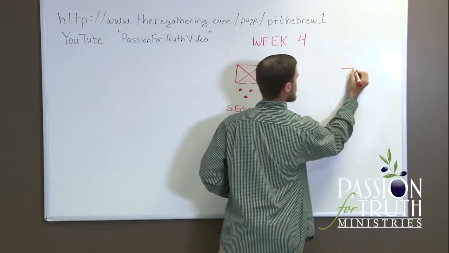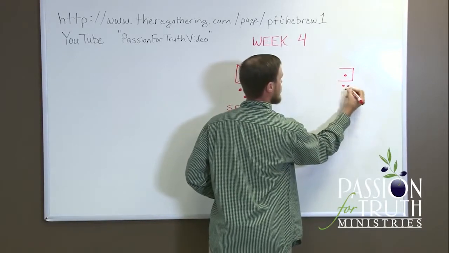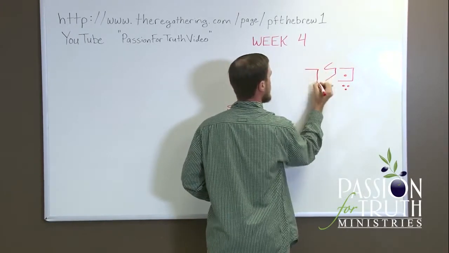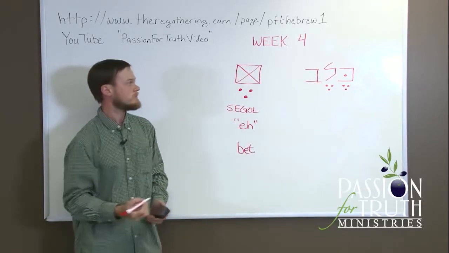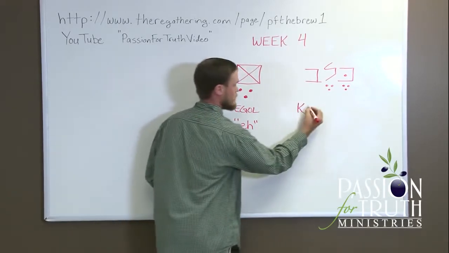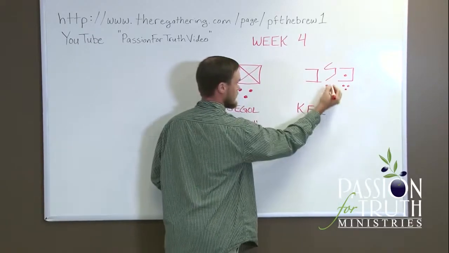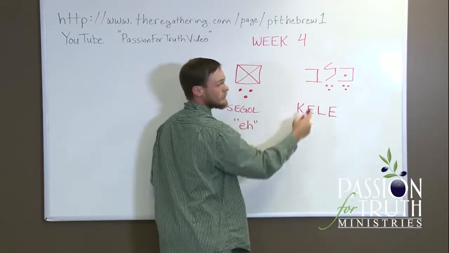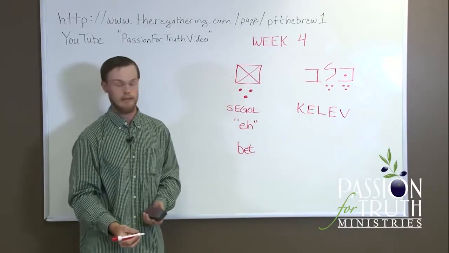So, this is a kaf with the dagesh, a lamed, and a bet with no dagesh. Okay? So, we get our K from the kaf, short E from the segol, L from the lamed, short E from the next segol. Bet with no dagesh is a V. So this is pronounced kelev.